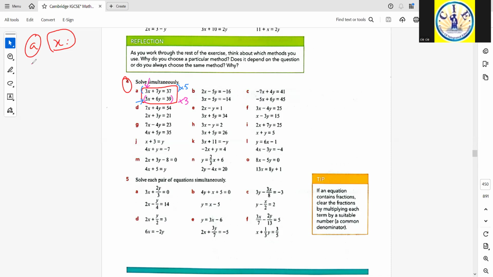So 5 times 3x plus 7y is equal to 37, which will give me 15x plus 35y equals 185. Then for the other equation, this is 15x plus 18y.